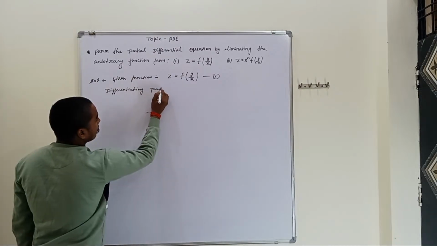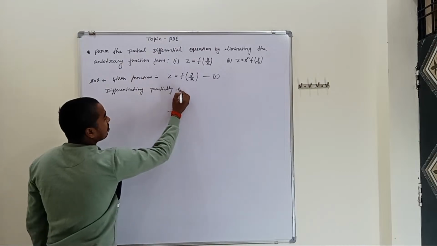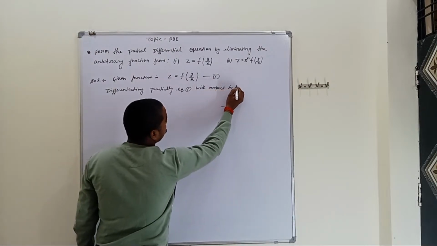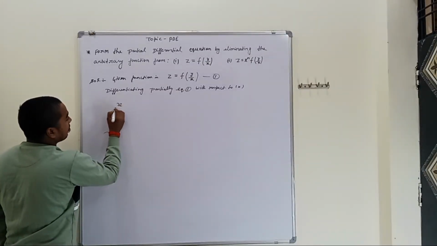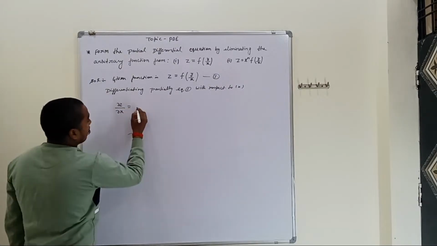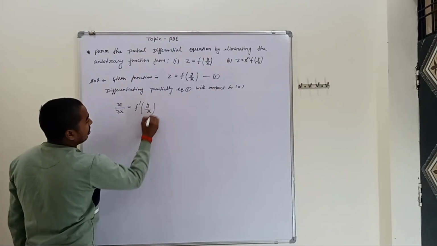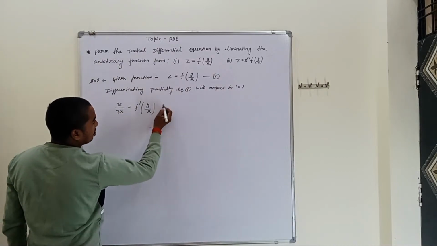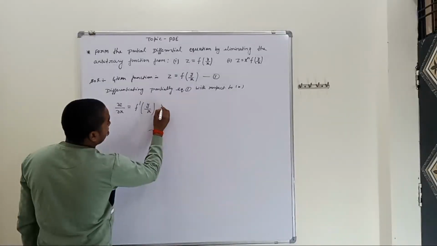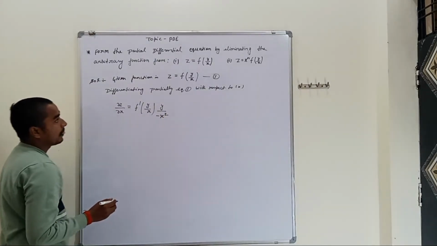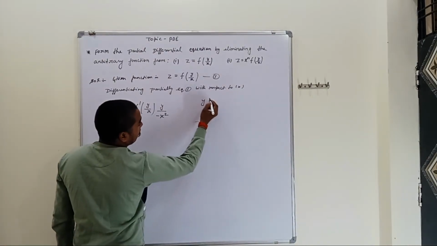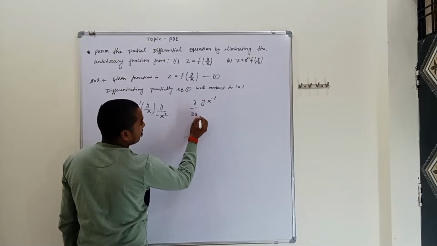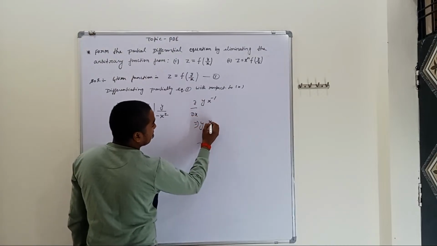Differentiating equation 1 partially with respect to x, that is del z upon del x is equal to f dash of y by x, and y by x is differentiated with respect to x, where y is constant and 1 by x is x to the power minus 1.